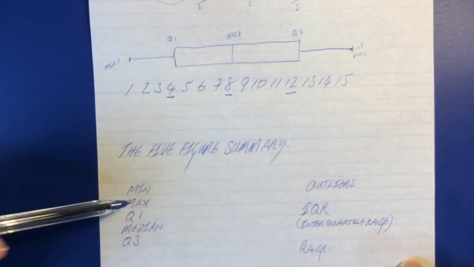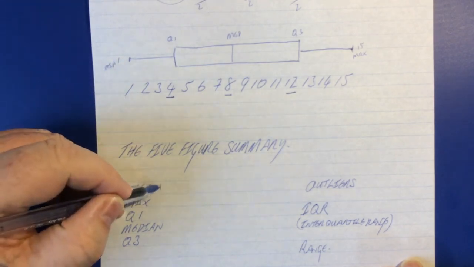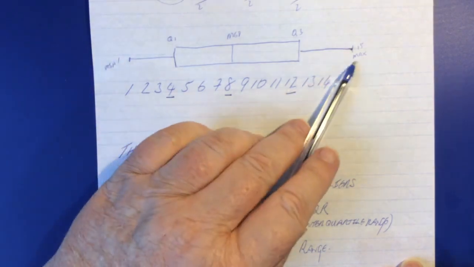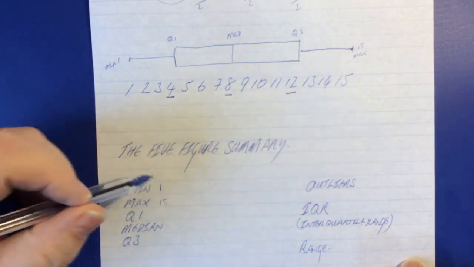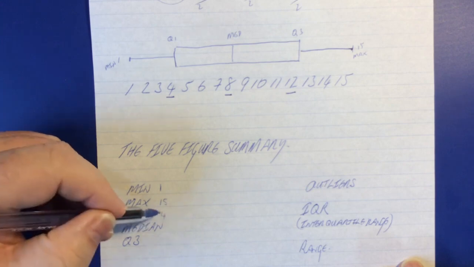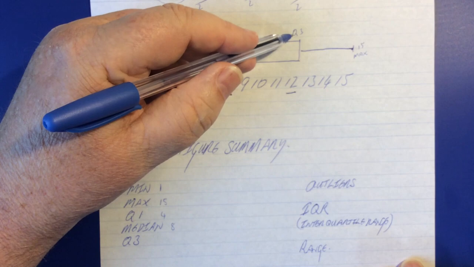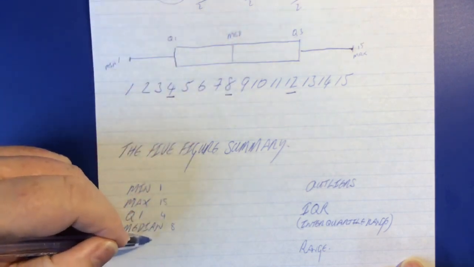Okay, so the 5-figure summary is the minimum, in this case 1, the maximum, in this case 15, Q1, which is 4, the median, which is 8, and Q3, which is 12.